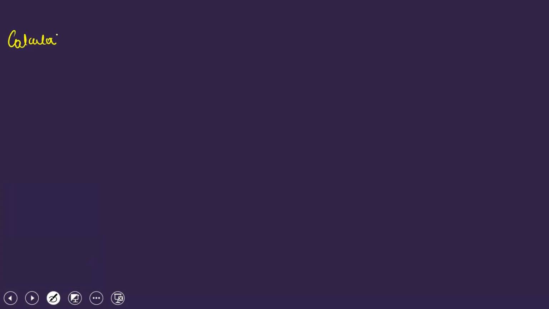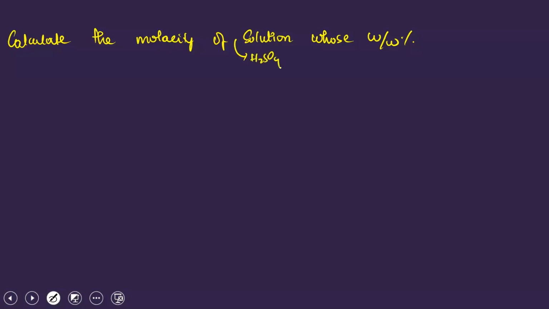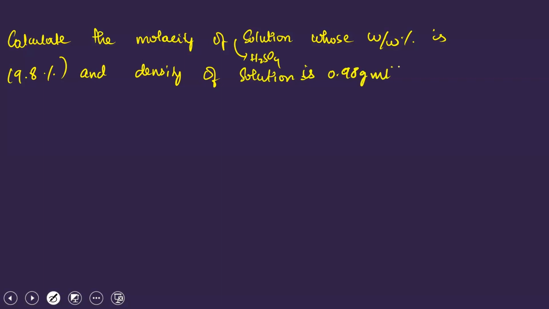Calculate the molarity of solution whose weight by weight percentage, let's consider it is molarity of H2SO4 solution, okay, whose weight by weight percentage is 9.8%, and density of solution is equal to 0.98 gram per ml.